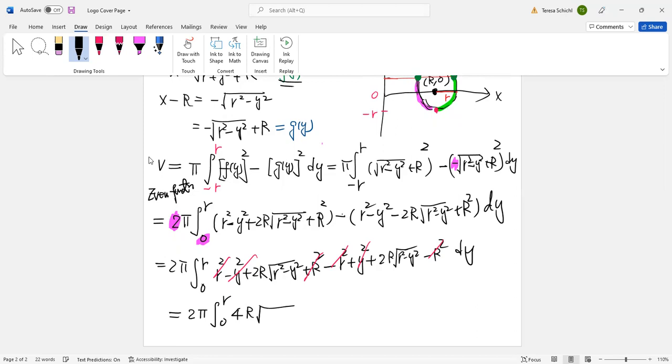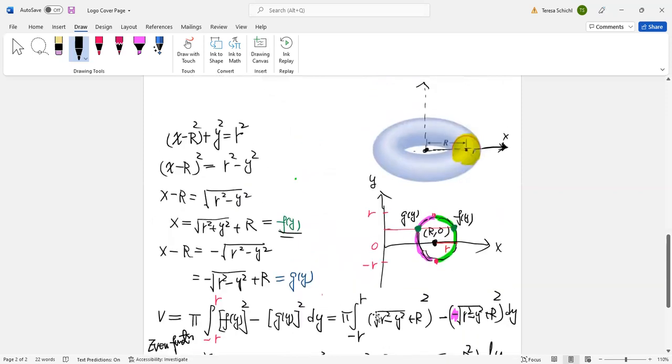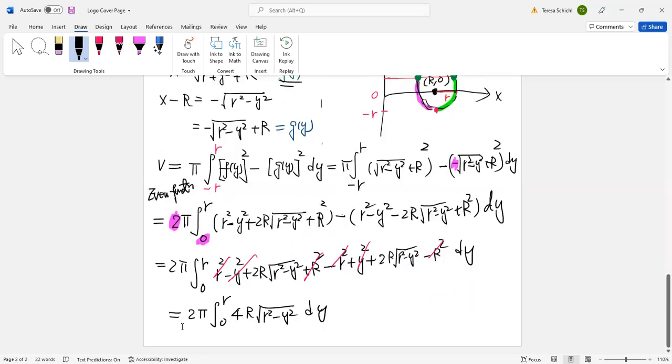4r and r squared minus y squared dy, right? From 0 to r here. And now let's see here. Okay, so now in here, we have this one is 2 pi, 0 to r. So if I want, I can take the 2 pi r out, right?